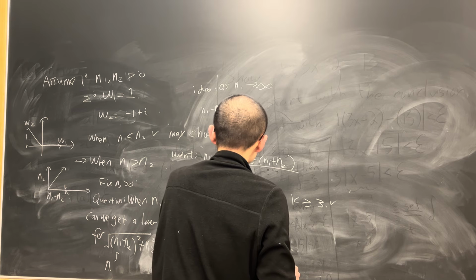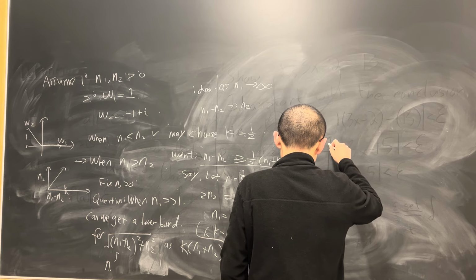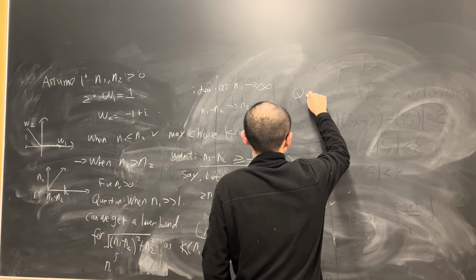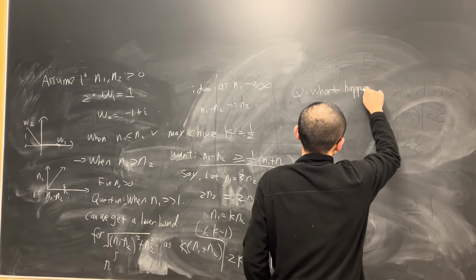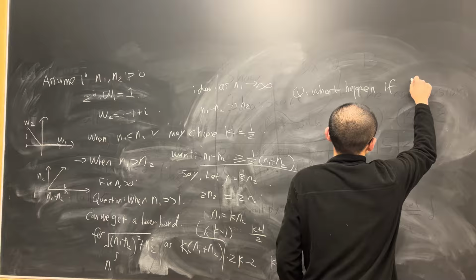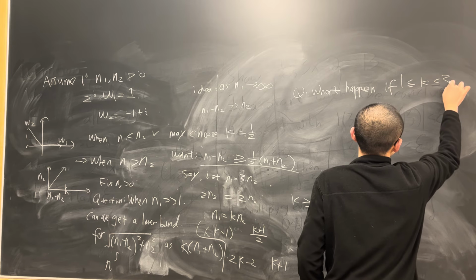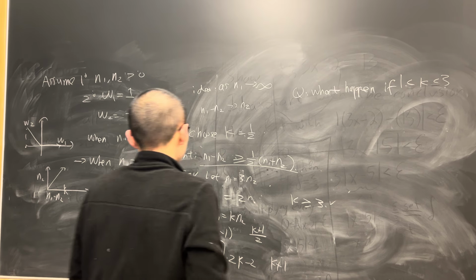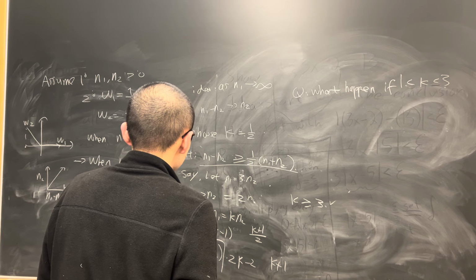So what happens if k is between 1 and 3? Okay, right. So now the question is, what happens if this k is between 1 and 3?